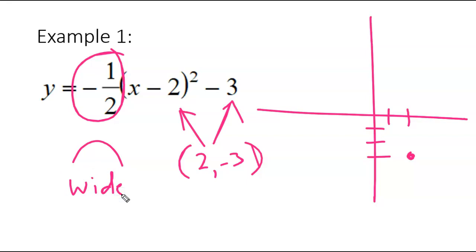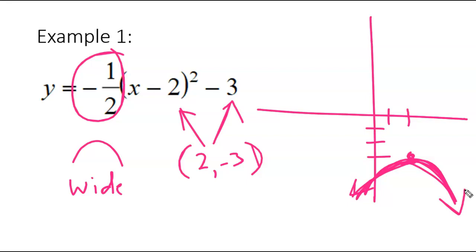With my vertex at this point, I'm going to draw a parabola that is upside down and slightly wider than a normal parabola. I'm not being very precise on how wide it is because it doesn't really matter. I know we're not being that picky.